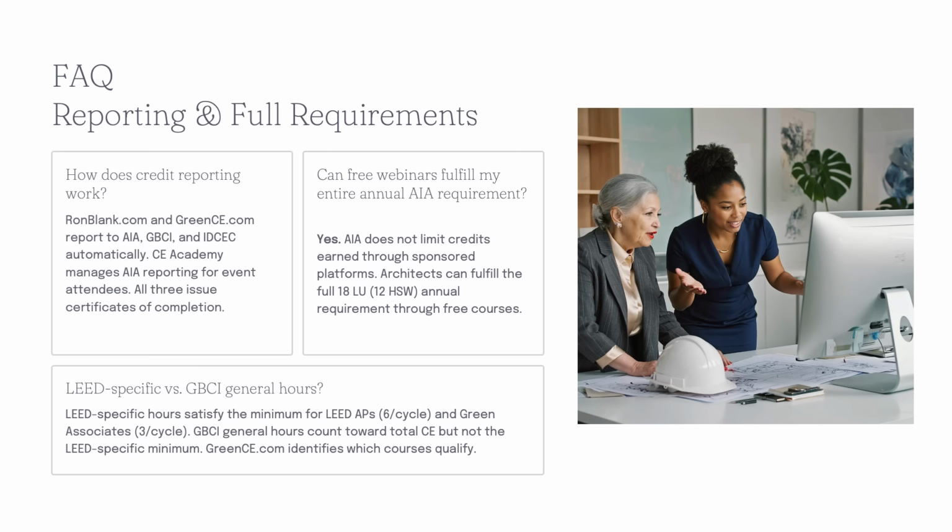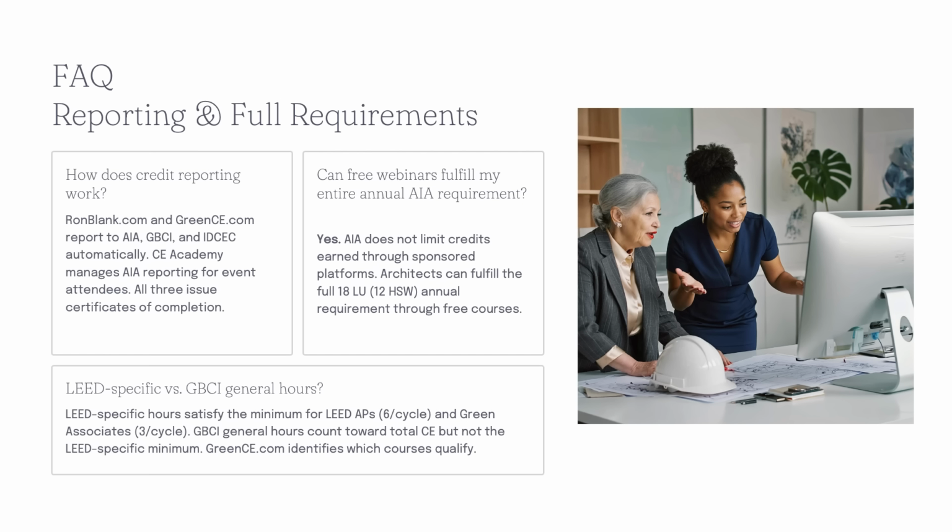How does credit reporting work on these platforms? ronblank.com and greence.com report completions to AIA, GBCI, and IDCEC automatically for participants with member numbers on file. CE Academy manages AIA reporting for event attendees. All three issue certificates of completion.